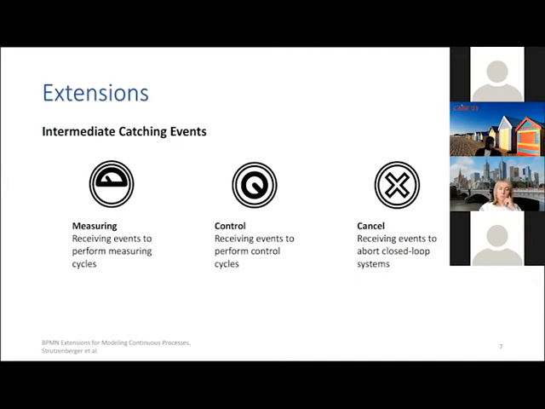The control intermediate event works the same way for control tasks, and also the cancel event for cancellation tasks and cleanup routines. Each event condition is evaluated with every cycle.